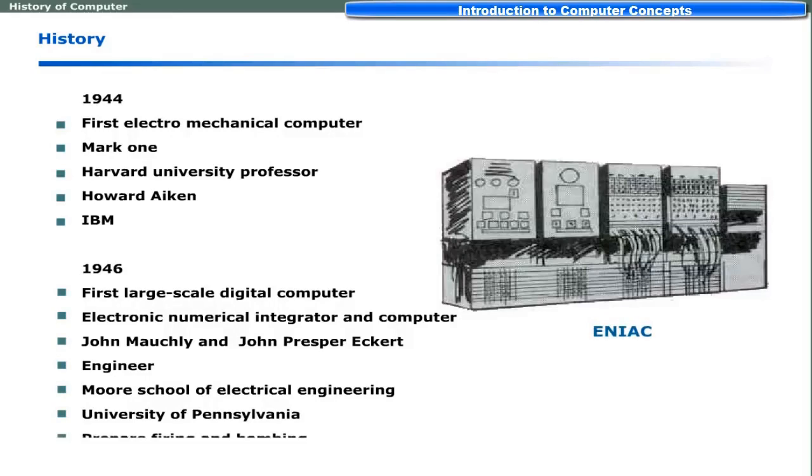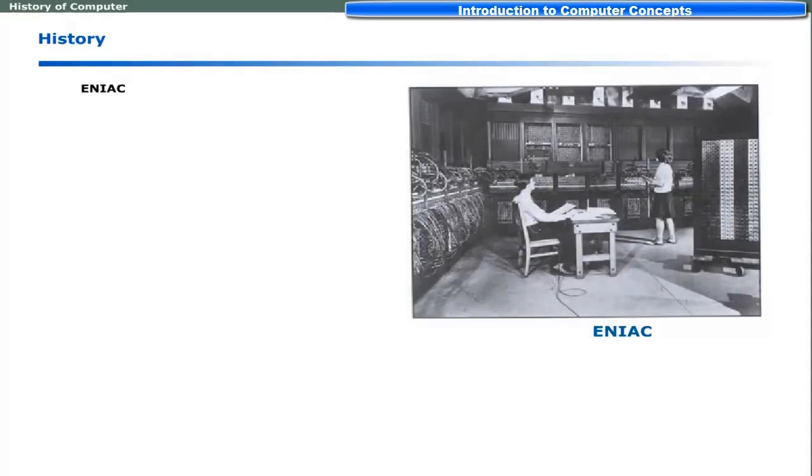ENIAC was used to prepare firing and bombing tables for the U.S. Army and Navy. It was also used in secret research that was aimed at building powerful and destructive bombs. ENIAC consisted of 30 separate units, power supply and air cooling system.